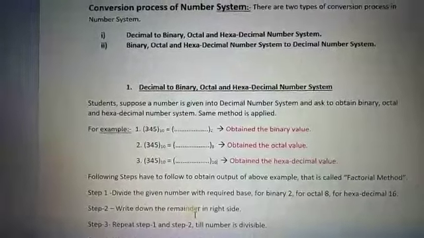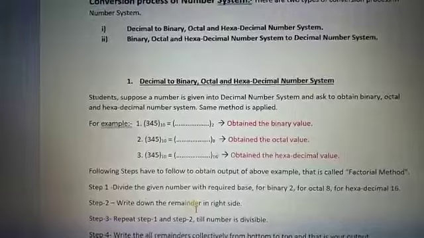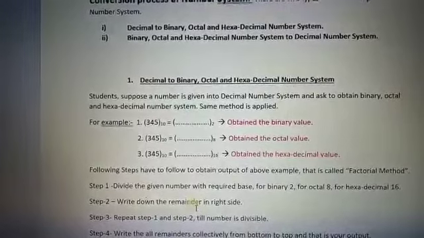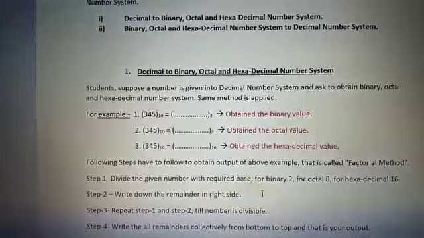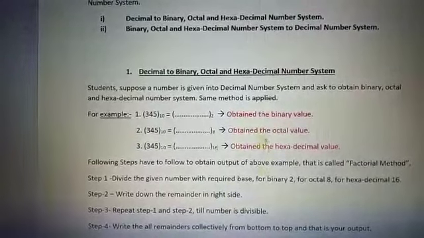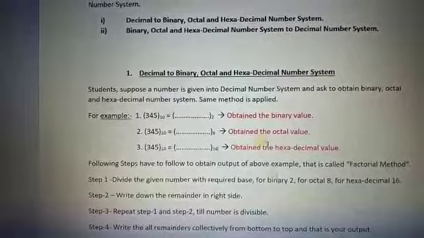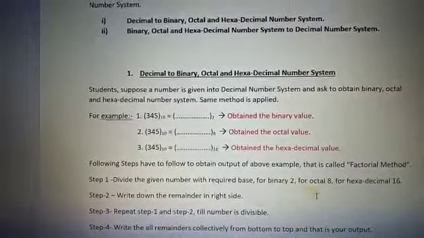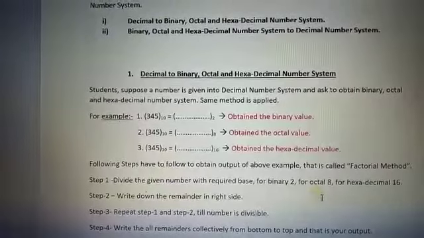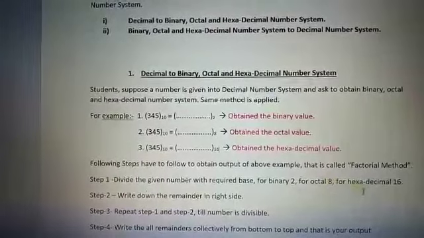What process do we have to follow? We simply follow the division process. You perform division, with quotient and remainder. In this case, which base is required? If you are asked to convert into binary form, you divide by 2. If you are asked to convert the value into octal form, you divide by 8.